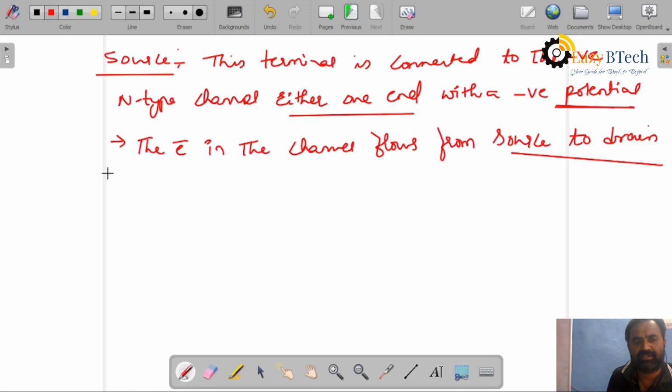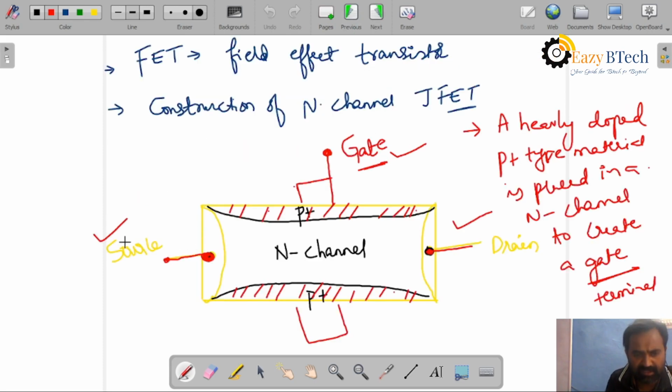Okay, next it is the source terminal. The next terminal is the drain. See here, this is the source.